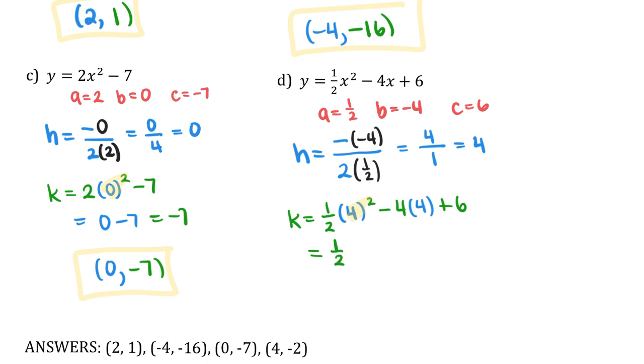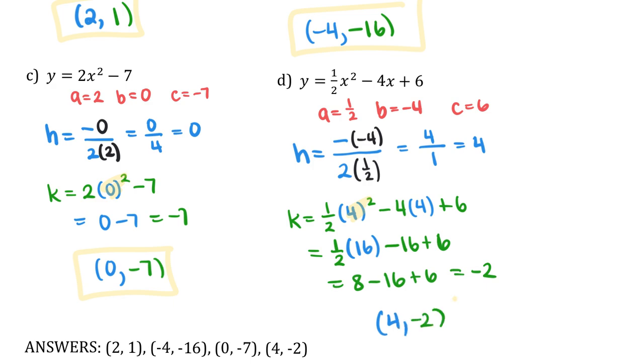Half of 4 squared, half of 16, minus 16 plus 6. What's half of 16? 8. 8 minus 16 is negative 8. Negative 8 plus 6 is negative 2. So my ordered pair is (4, -2). Go ahead and try the practice on the back. Answers are at the bottom.